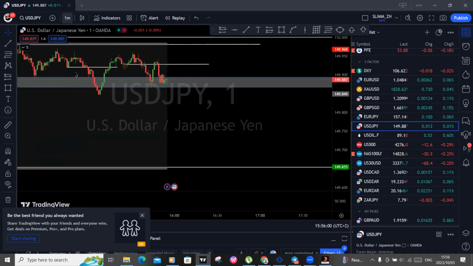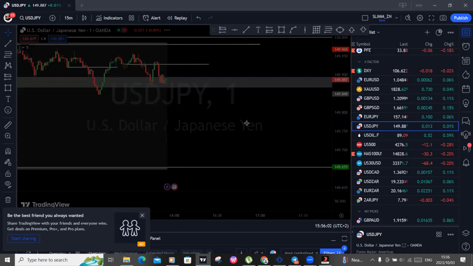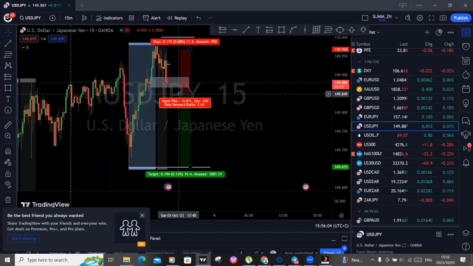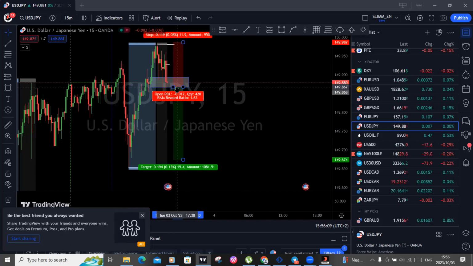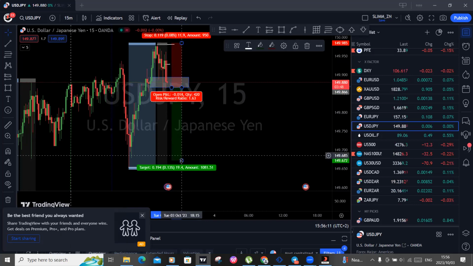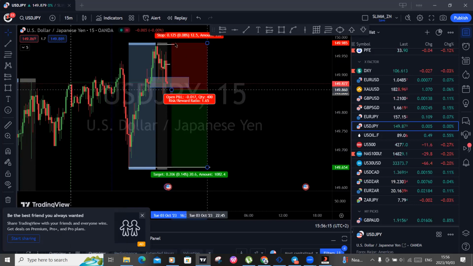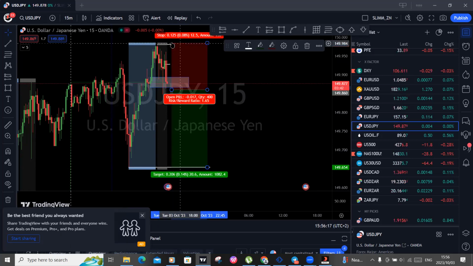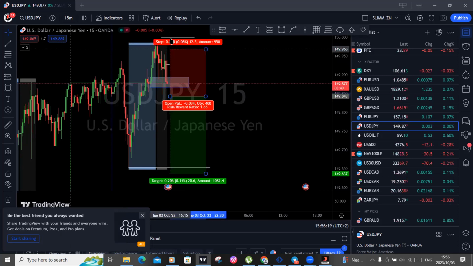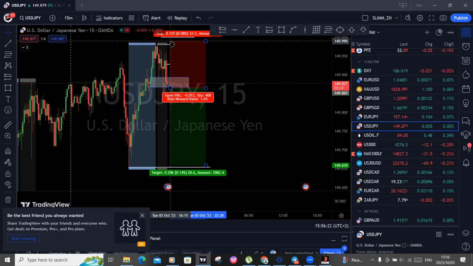But yeah, if we get a close below this breaker here, then we're going to adjust the stop loss accordingly, depending on any levels we'll be seeing on the smaller time frame.